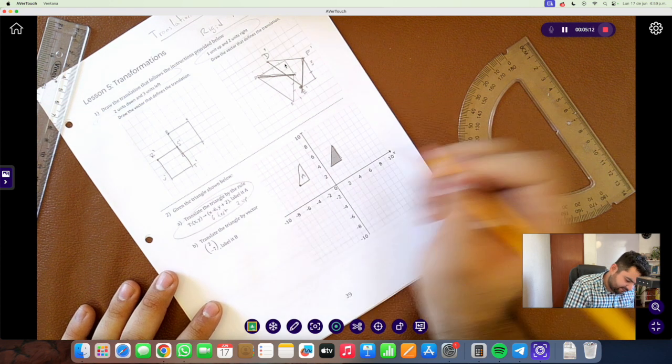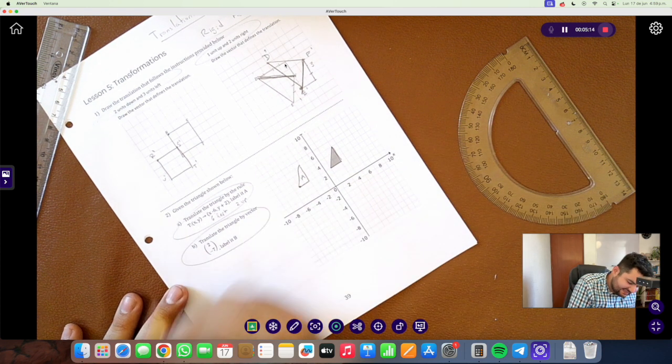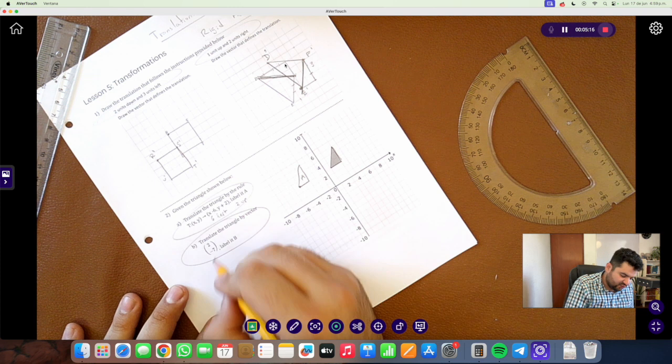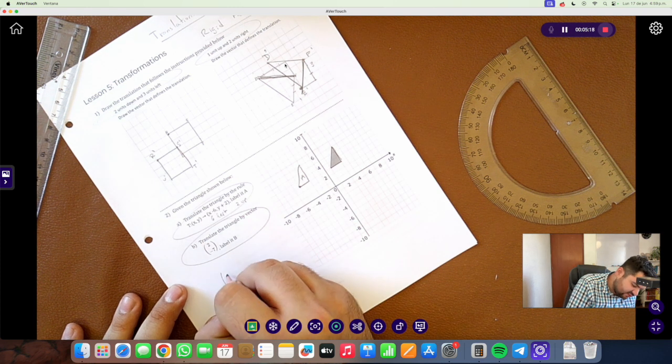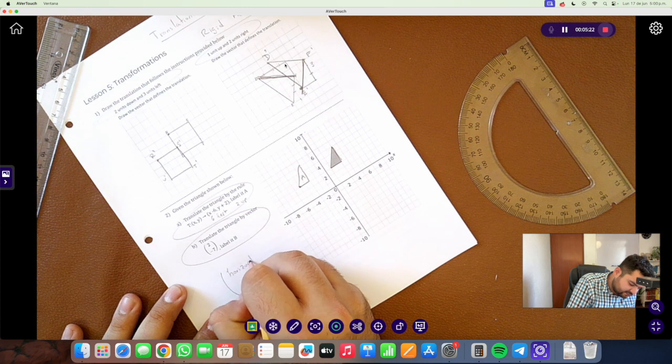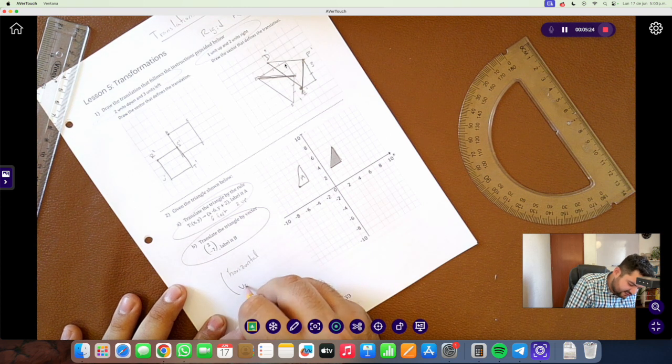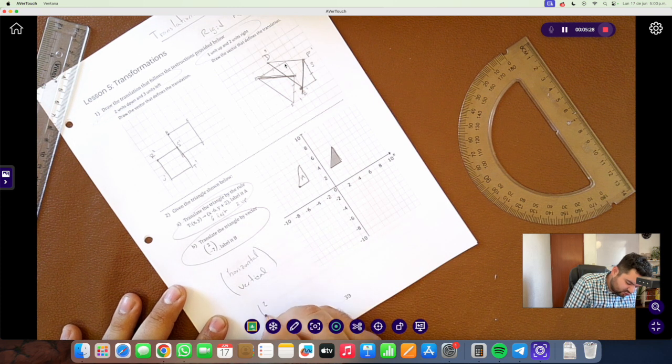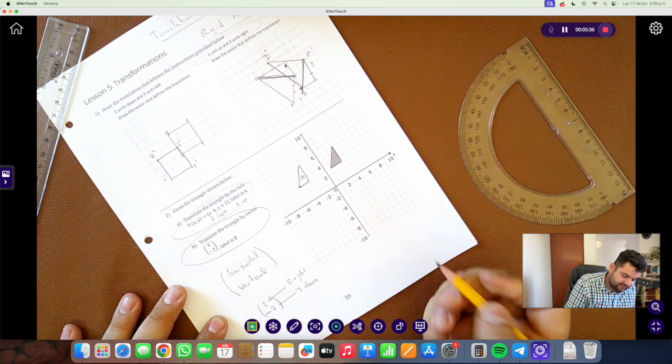This is A. Then this is another way of describing a translation with a vector. This one is the horizontal movement, and this one is the vertical. So 2, negative 7 means 2 right, 7 down.